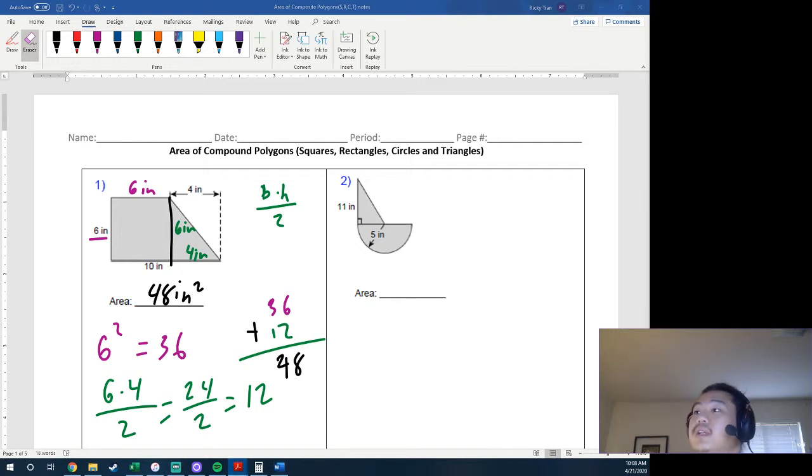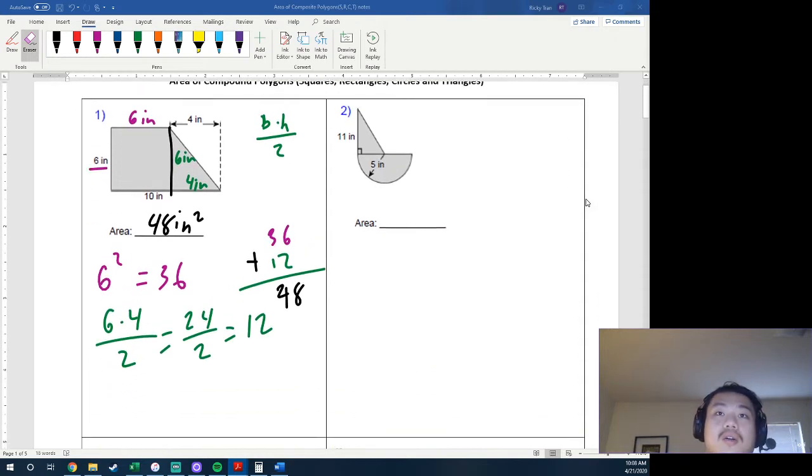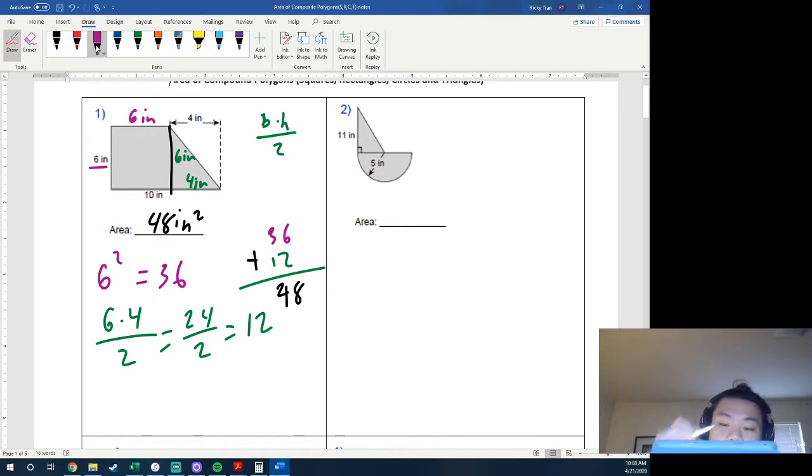Here, I'm going to redo number 2. We're going to start with the semicircle. The semicircle is pi r squared divided by 2.